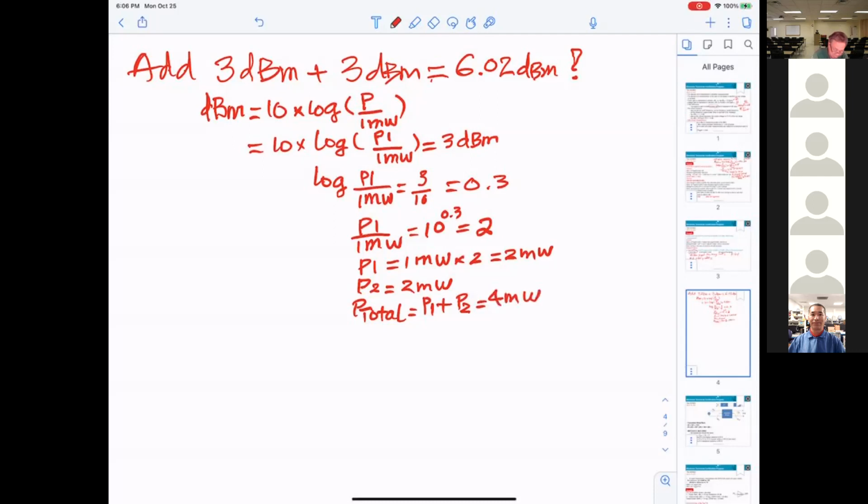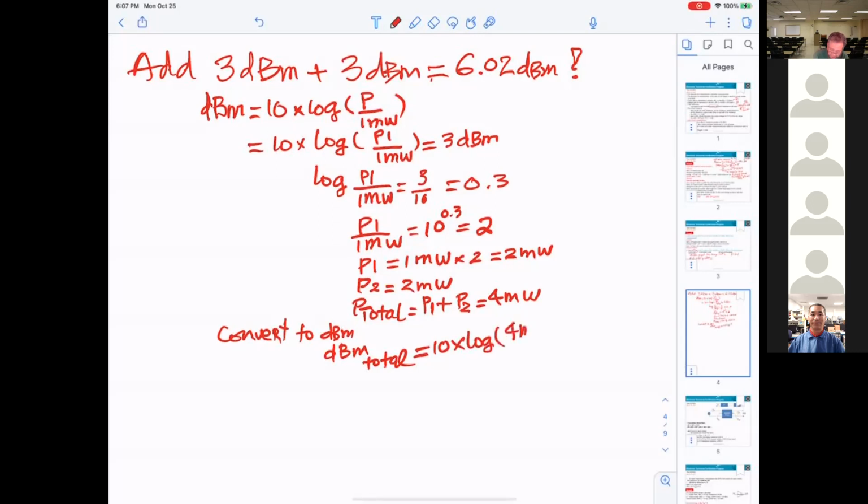Now you convert it back to dBm. So dBm total equals 10 log of 4 milliwatt over 1 milliwatt, which is just 4.